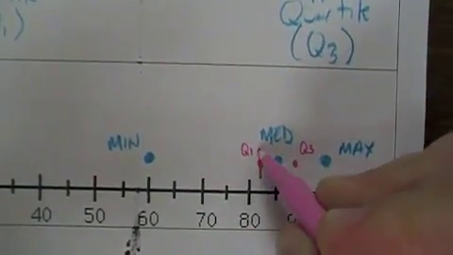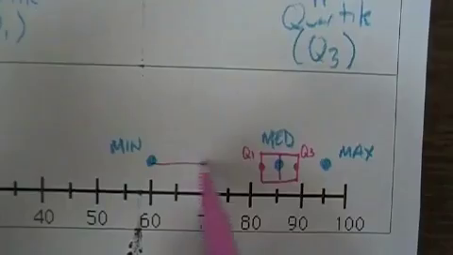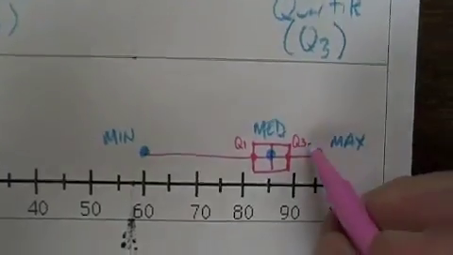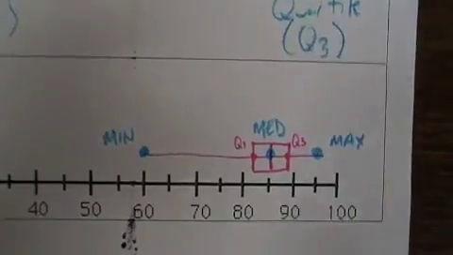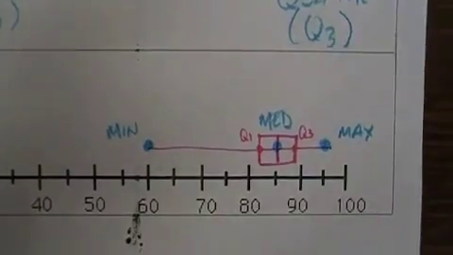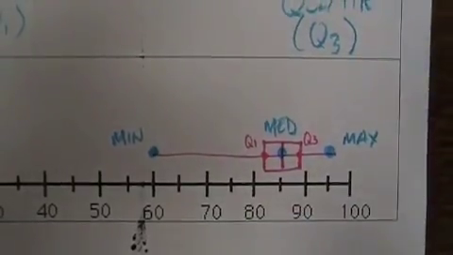I'm going to draw my box here. A line through the median, and a line through everything here. So we see the box starting at Q1, ending at Q3, with a line right there at the median. Very small box, but what does that tell me? That tells me that the middle 50% of the numbers is between those 2 quartiles, but it's very, very small.